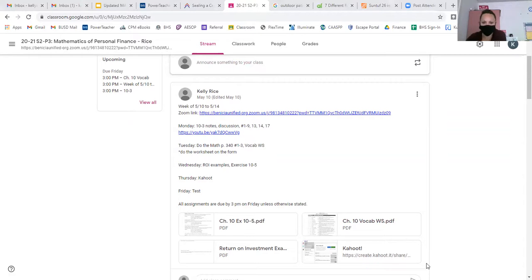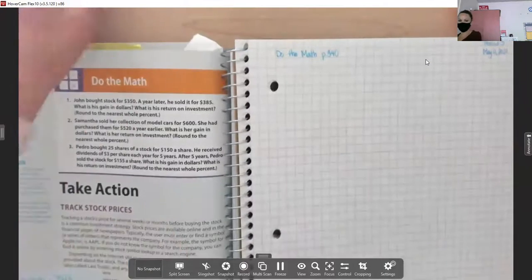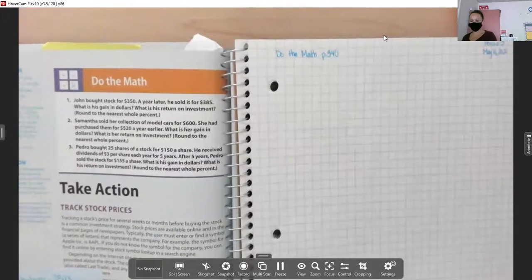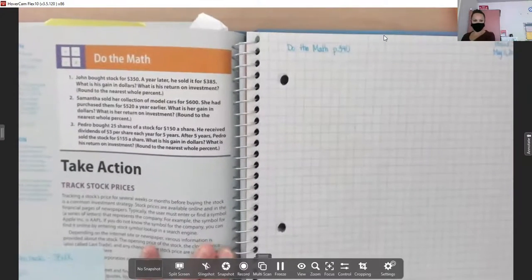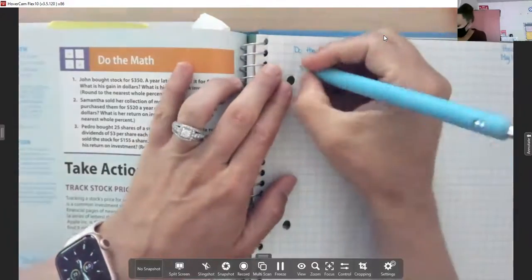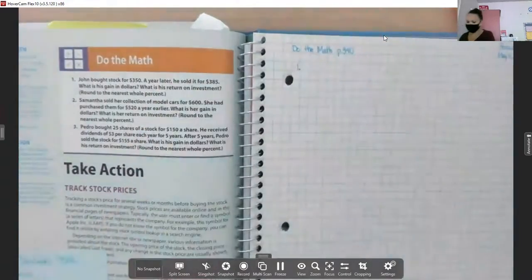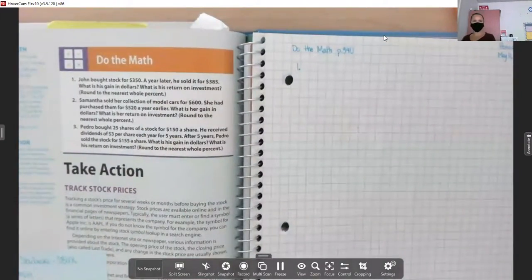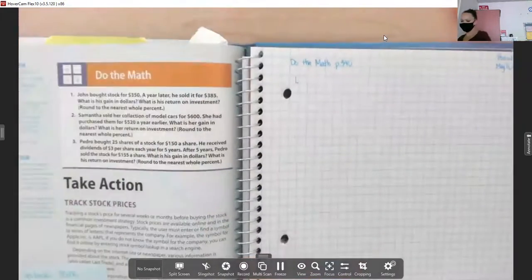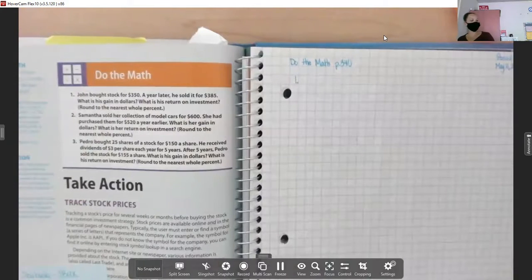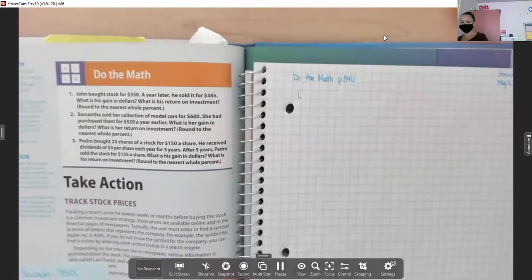Okay, so this is what we are going to be working on, these 3 problems today. So number 1 here. John bought stock for $350. A year later, he sold it for $385. What is his gain in dollars, and what is his return on investment round to the nearest whole percent?